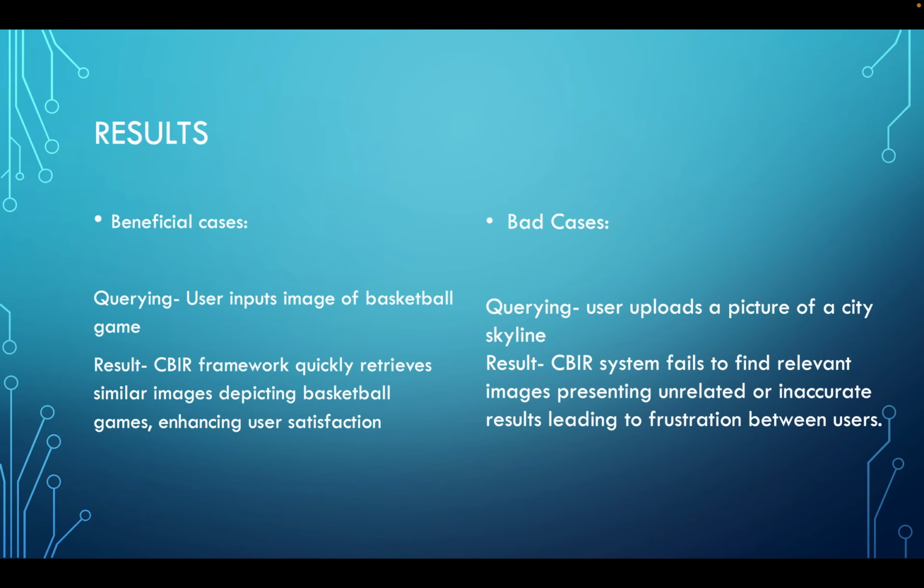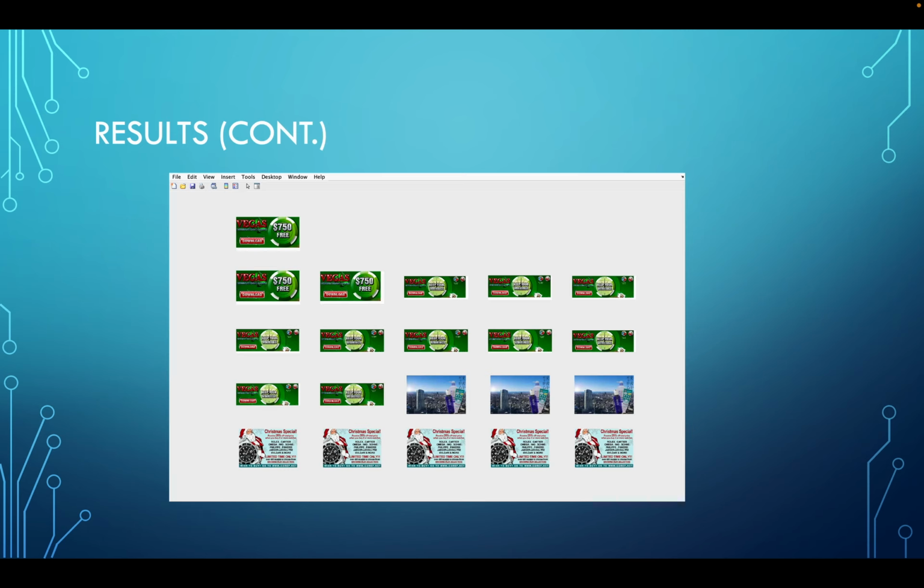But a bad case would be if someone were to upload a picture of, let's say, the New York City skyline, and they got back images matching the orange sunset and the black buildings below, but not exactly the skyline that they were looking for. And here's an example of the query-based CBIR that I had built for this project.